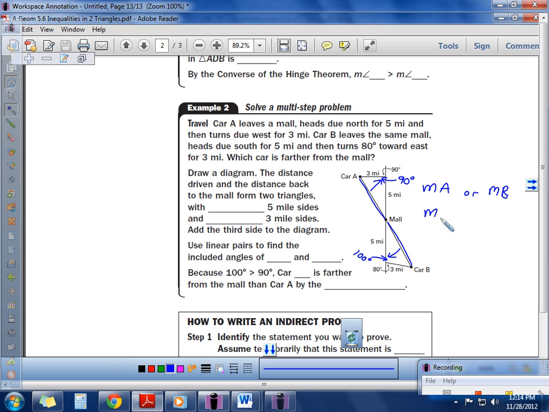That means MB will be greater than the distance MA. So the question here says, which car is farther from the mall? Well, if MB is farther than MA, which car is farther? Car B is farther from the mall.